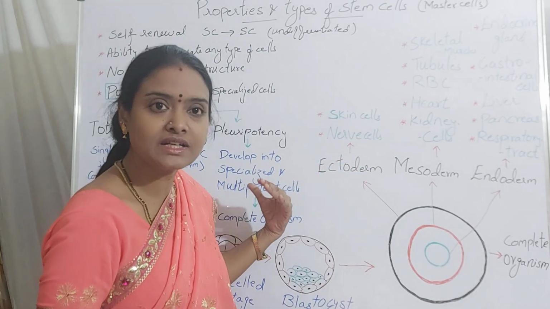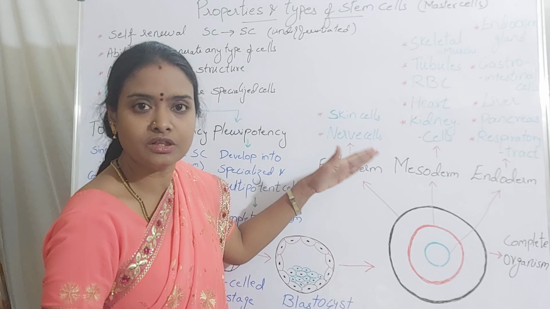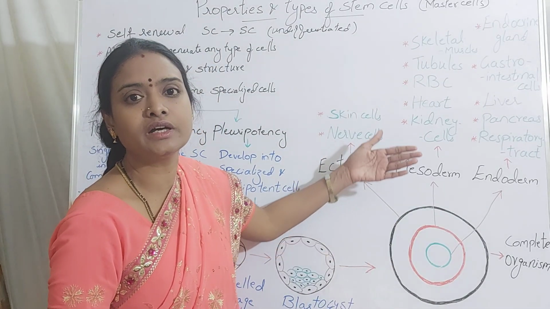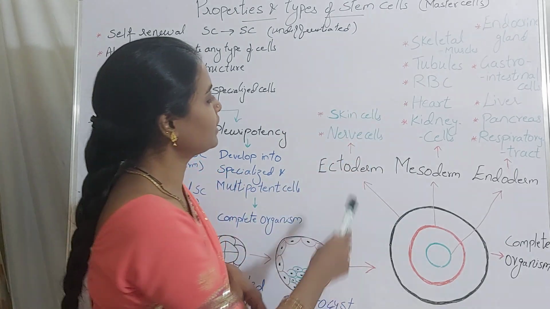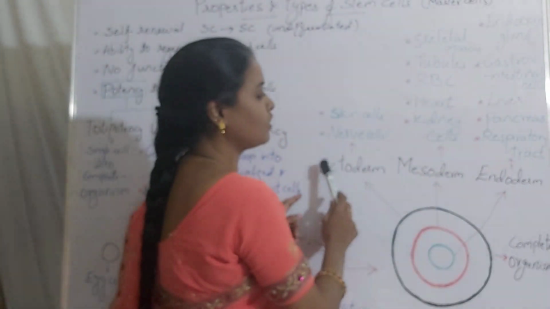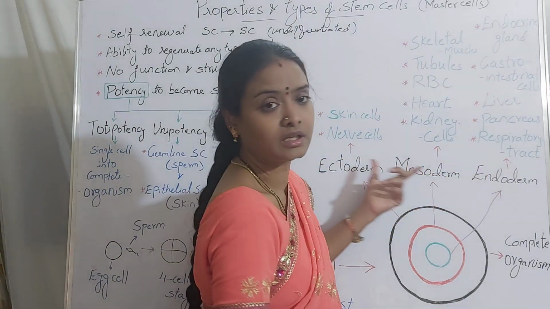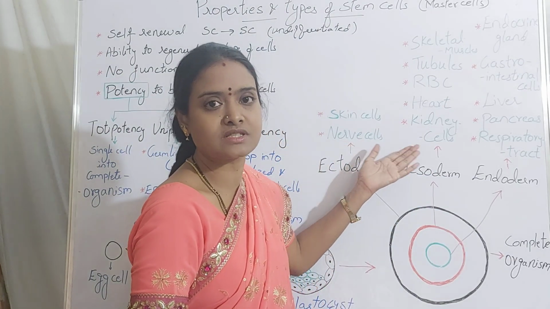The totipotent cells develop into pluripotent cells, and the pluripotent cells further into multipotent cells, where all three layers are involved to form all the required cells and organs present in the body.